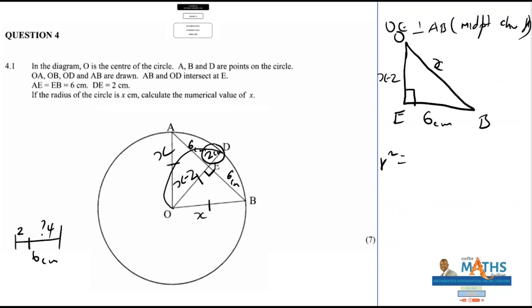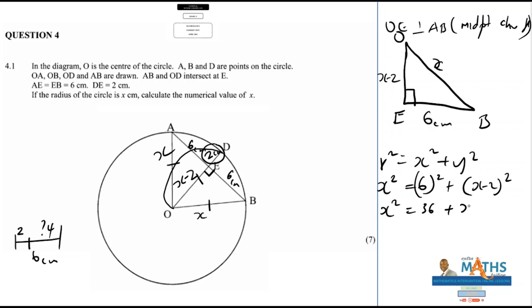Let's say r squared is equal to x squared plus y squared. What is my x squared? It's x. And then my x squared will be 6 squared. My y squared will be x minus 2 all squared. So x squared equals 36 plus x squared minus 4x plus 4.